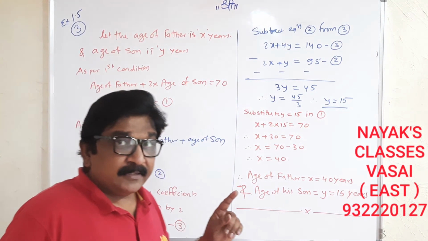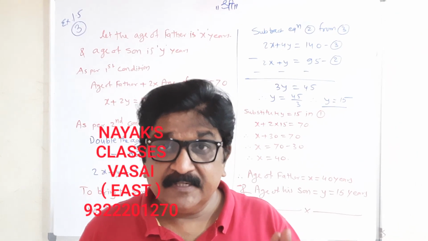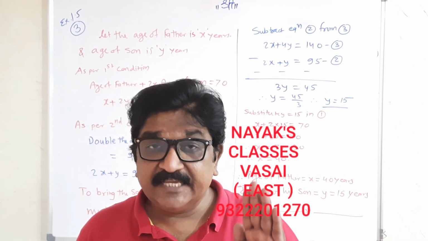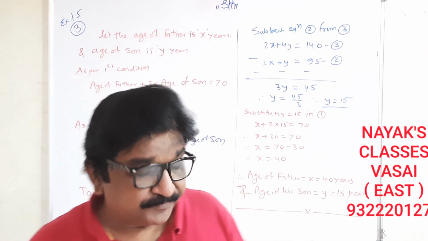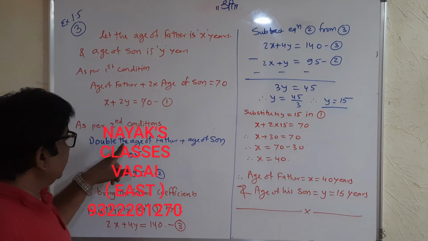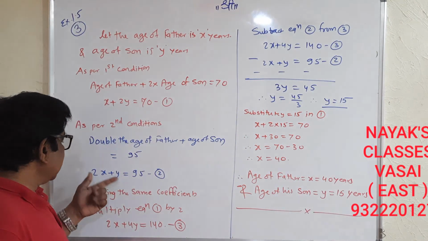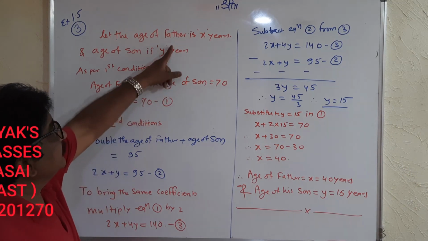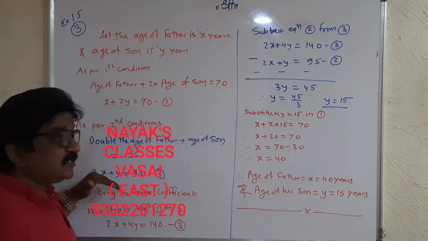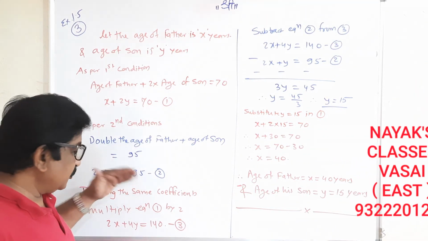Again I am repeating, double the age of father and keep the son's age same. So see here, double the age of father plus age of son: 2x plus y is equal to 95. This is the second condition.